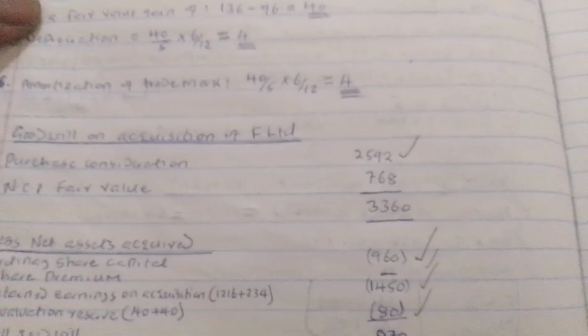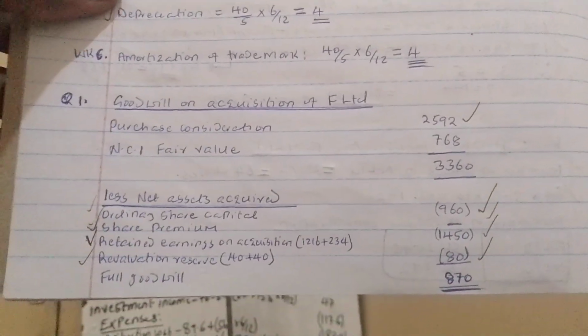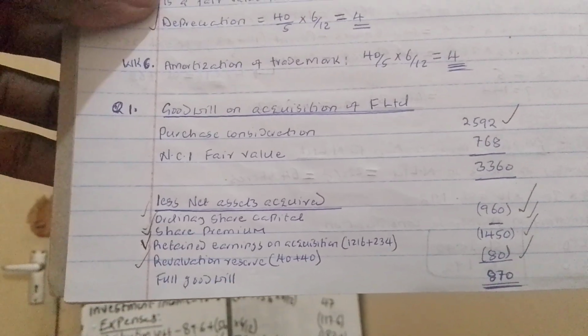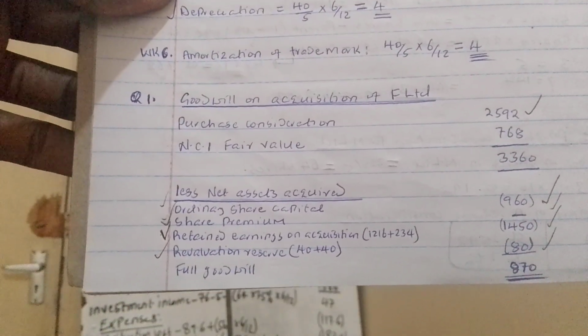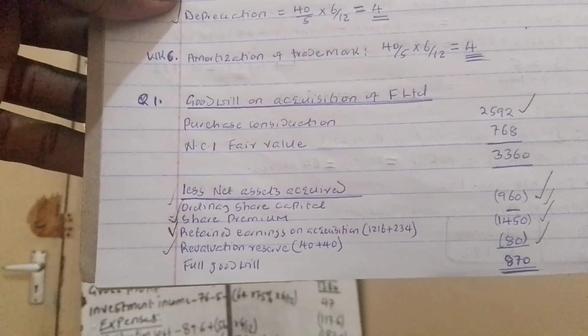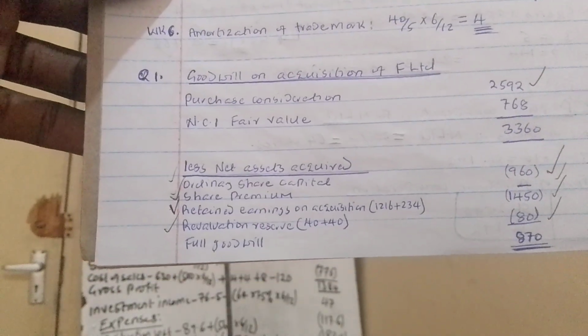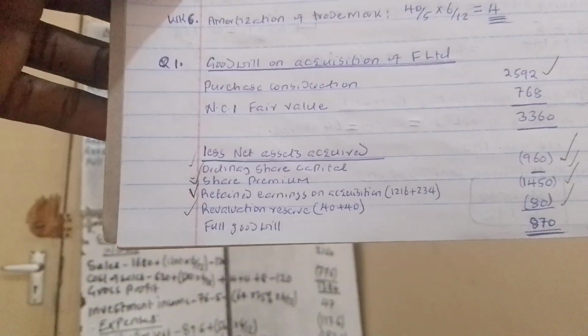You have your net assets acquired there. So remember, you got purchase consideration of 2592 plus fair value of the NCI 768. Total is 3360. You minus net assets acquired.